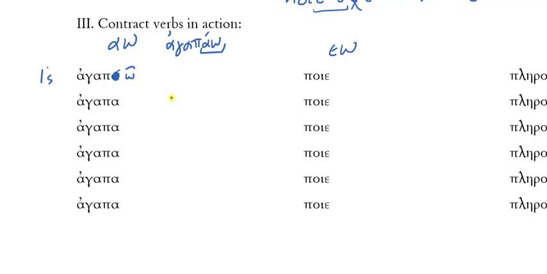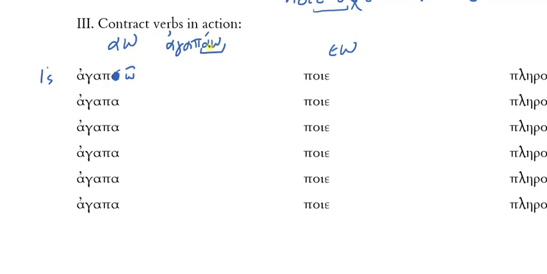What is the advantage of knowing that? So that whenever you start seeing forms with funky vowels before the personal ending, you know why. This is an alpha contract stem vowel. And that's why this alpha interacts with these connecting vowels and produces this weird thing I'm looking at. Does that help me in translation? No. Which contract vowel the contract verb uses has absolutely no bearing on the translation.